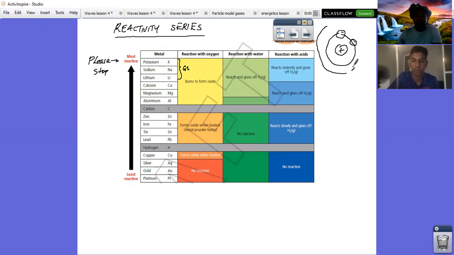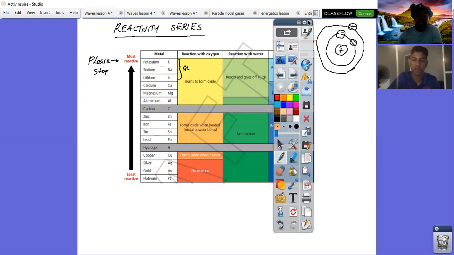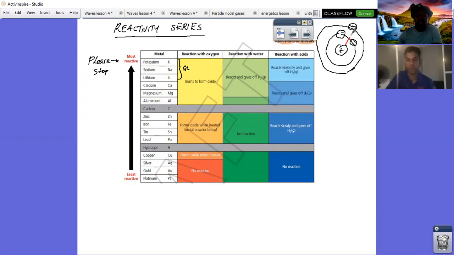I'm just drawing a simple schematic here because at times you're asked to give a reason why. If you've got more shells, there's less attraction between the positively charged nucleus and the furthest electron out, so it can easily lose that electron. This is a term we call shielding. The more shells we have, the more shielded the last electron is from the attraction of the nucleus.